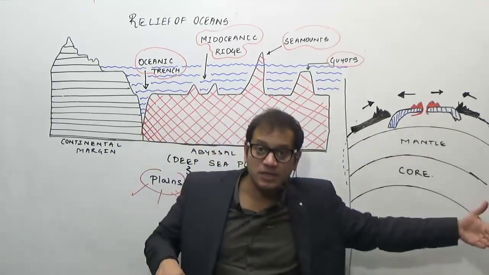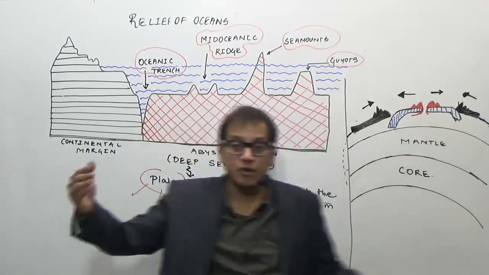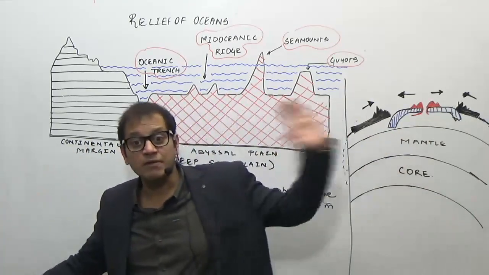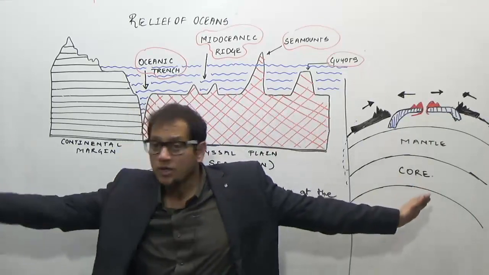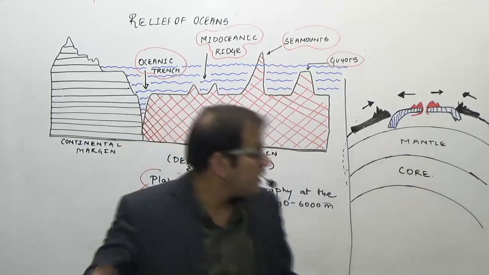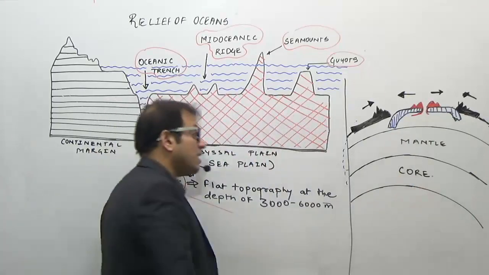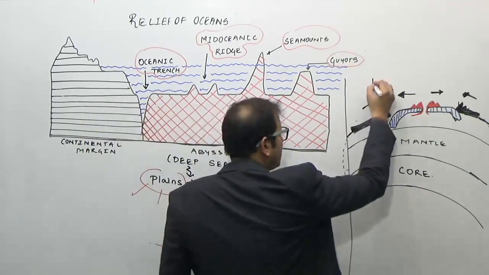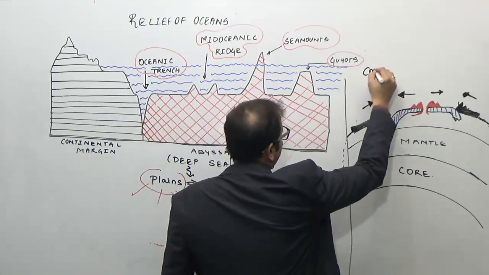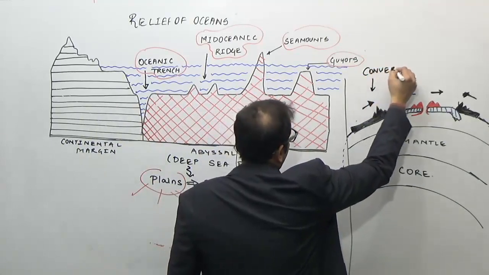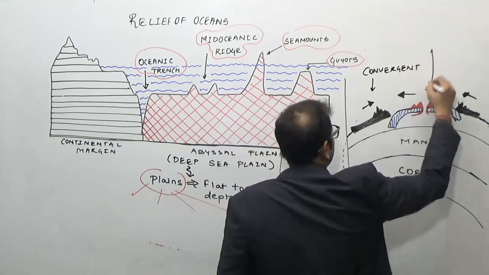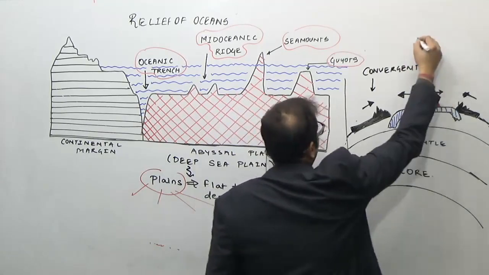That means if you are going near someone, it obviously means you are going away from the other party. So here also, this is a convergent boundary, where the plates are coming near each other, while this is a divergent boundary, where the plates are going away from each other.